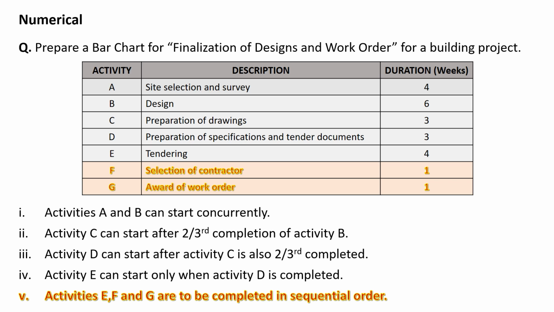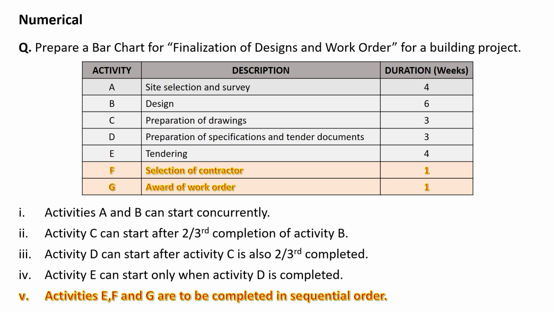Now, in the relation they have given, activities E, F and G are to be completed in sequential order. So sequential order is nothing but one after the other. That is, after activity E is completed, activity F is going to start. After activity F is completed, activity G is going to start.